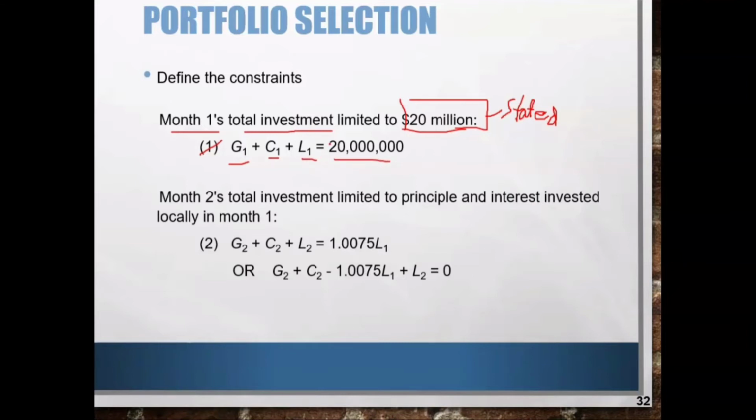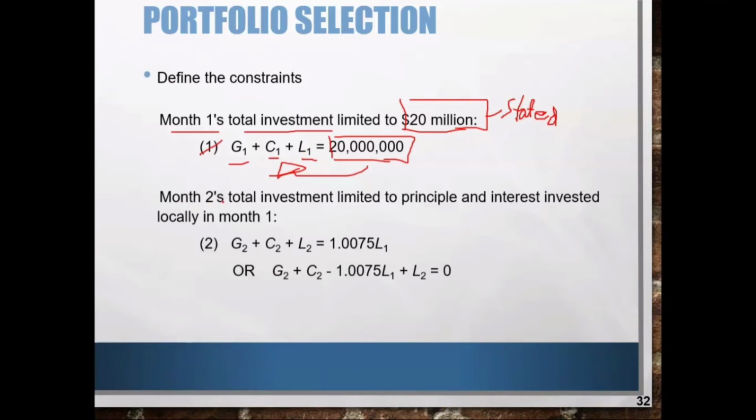The 20 million will be divided among government bonds, construction loans, and local investment.